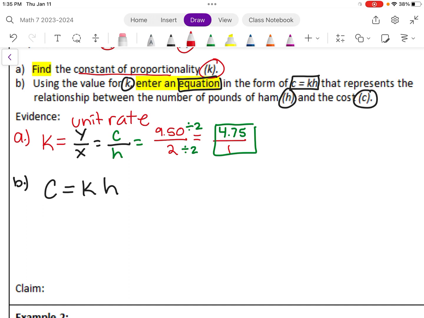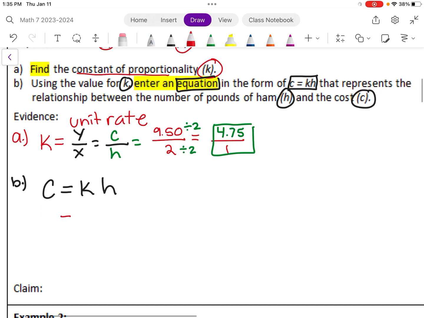We know that we have to use K, but we don't know what K is yet. C stays the same, and H stays H because it could change.